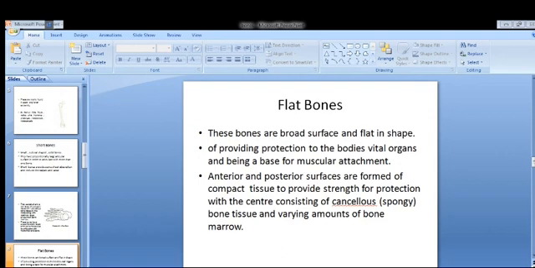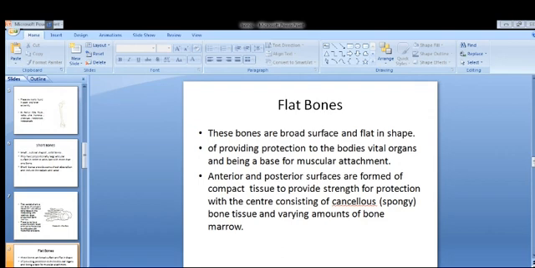The anterior and posterior surfaces are formed of compact tissue to provide strength for protection, with the center consisting of cancellous, spongy bone tissue and varying amounts of bone marrow. So you will always remember now that the spongy area is formed by the cancellous bone tissue, and where it is present, the bone marrow will also be present. And the compact portion is harder.